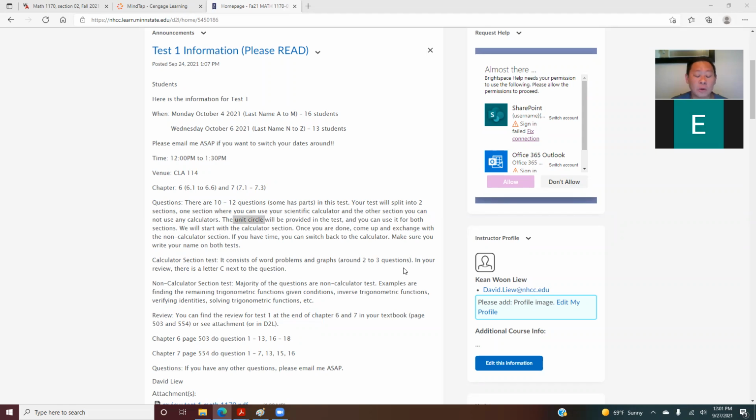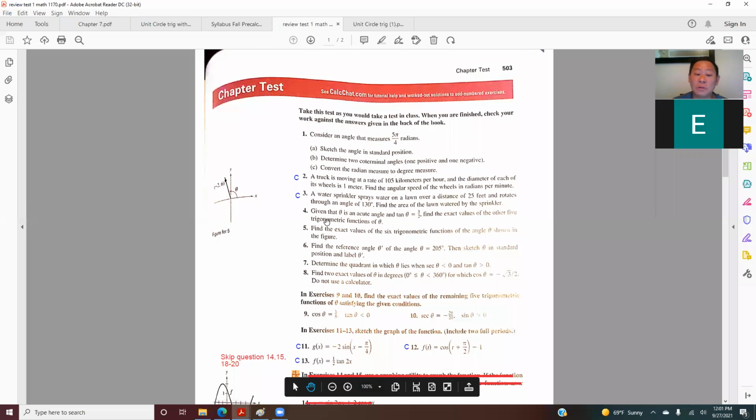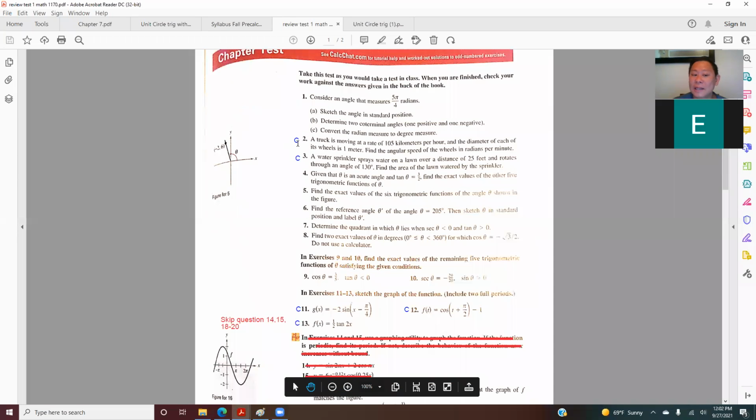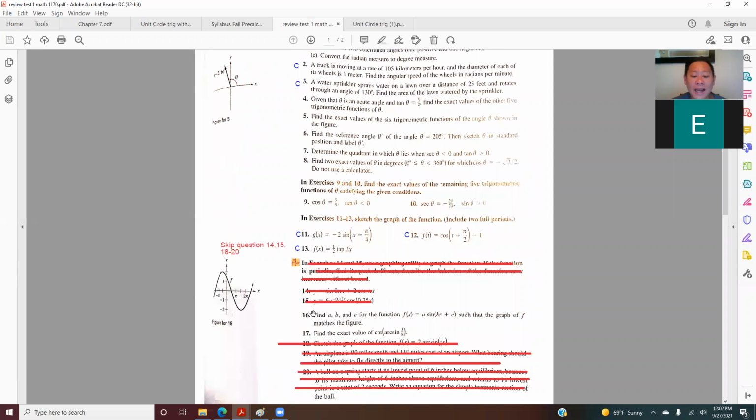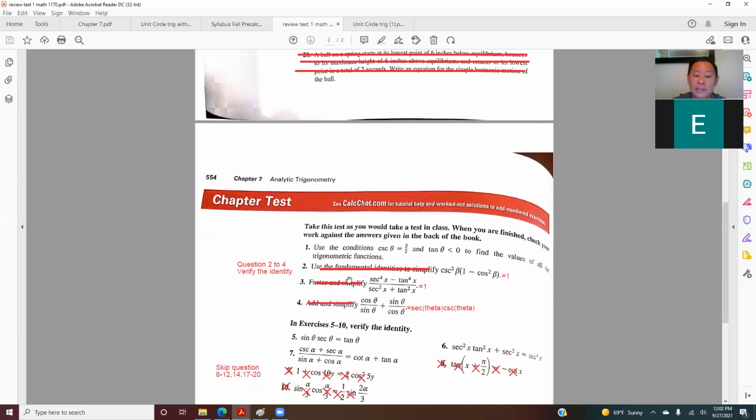In your review, there is a letter C next to some questions. The letter C next to the question means the question belongs to the calculator section. If you look at the review that I sent out to you, if you see a capital C next to the number, those questions belong to the calculator section. The ones I crossed out mean you do not need to do them; you skip them.